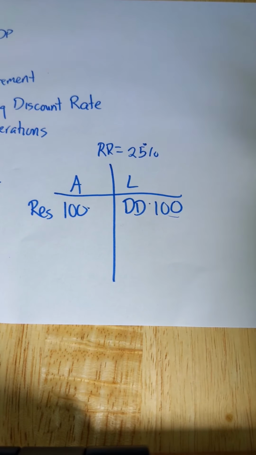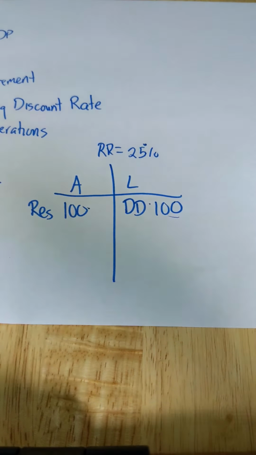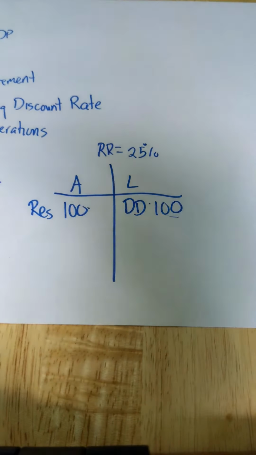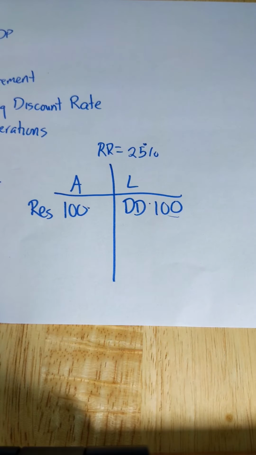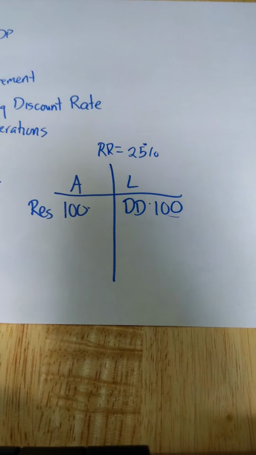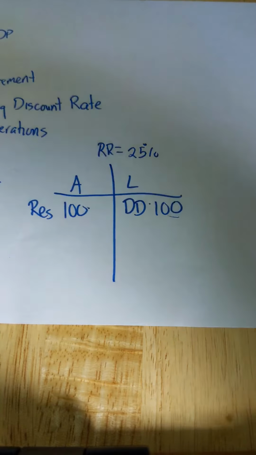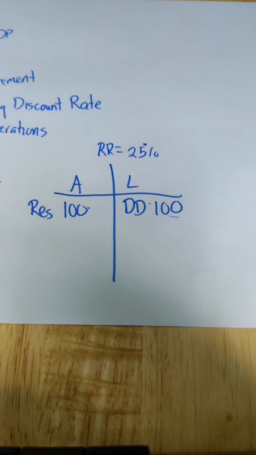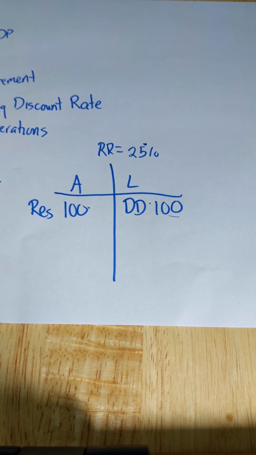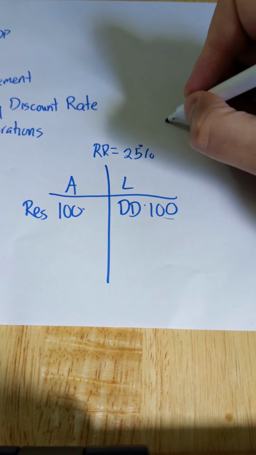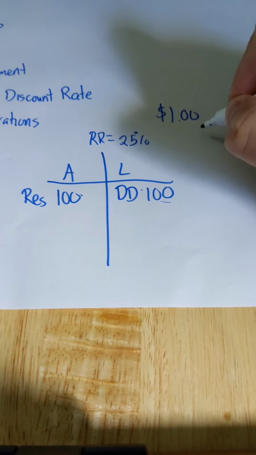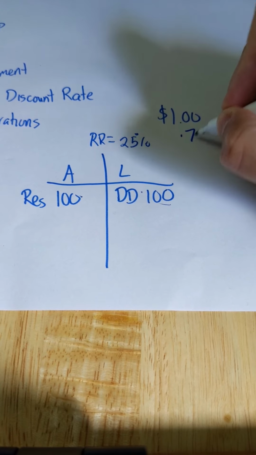What that means is that when money gets deposited, the bank can only loan out a portion of it. And if you remember from your GDP multiplier, and we'll do this in a different video, if I spend $1 and that person takes that dollar and only spends 75 cents of it, and then the person they give it to only spends 75 cents of that, it's going to have a multiplier of 4. Because I have $1 and then I spend 75 cents of that.